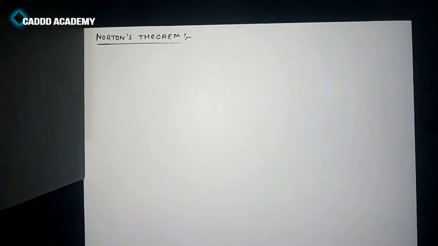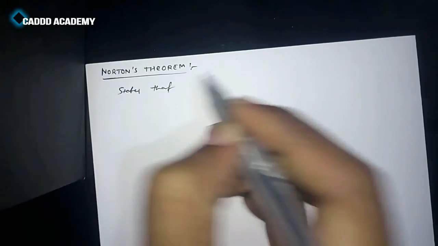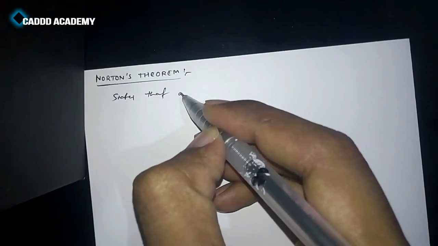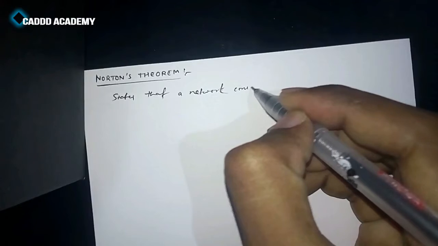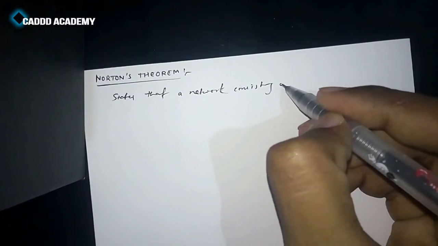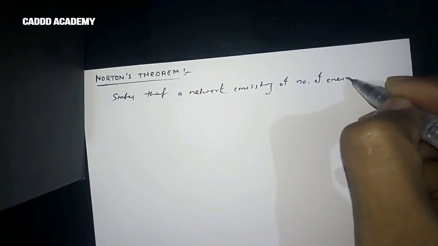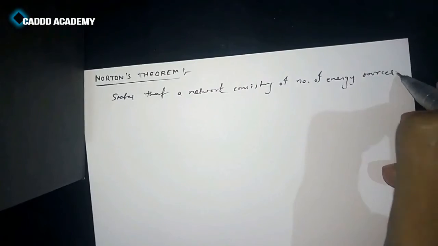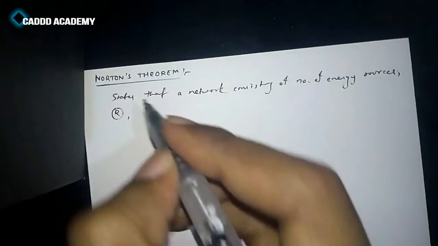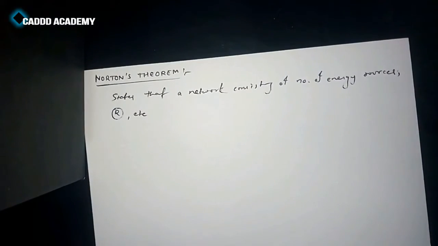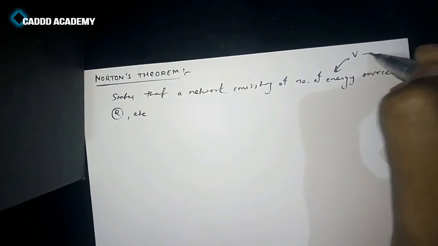Okay, so it states that a network consisting of a number of energy sources, resistance, inductance, capacitance, etc. And the energy sources are voltage source or current source.